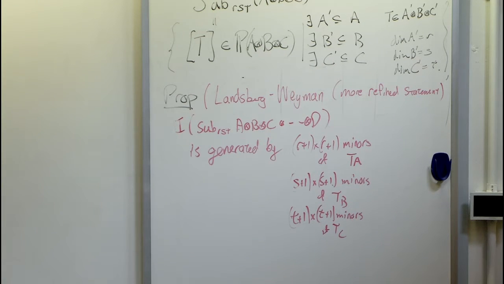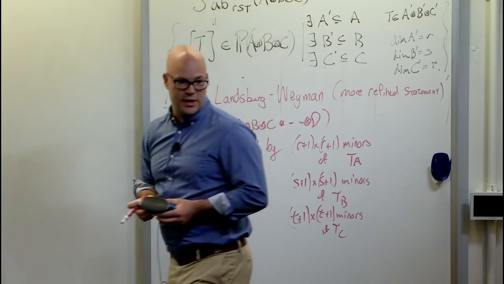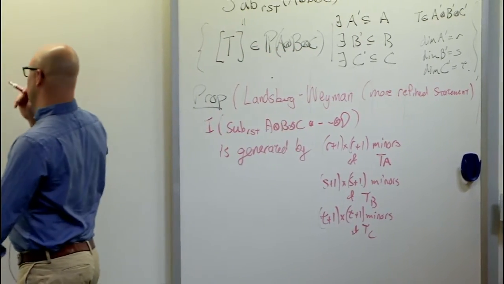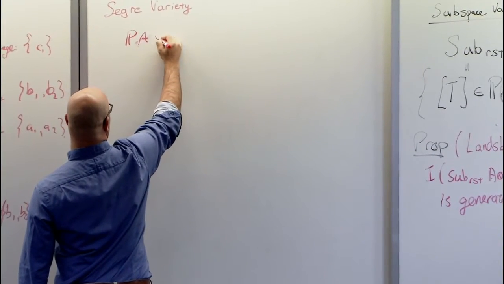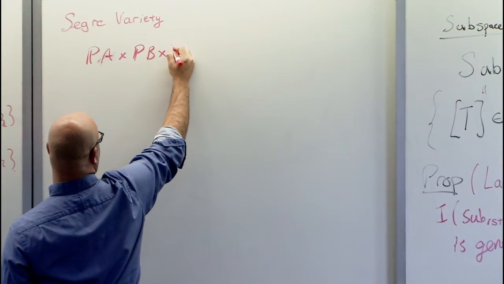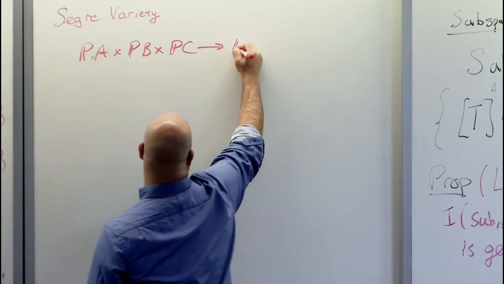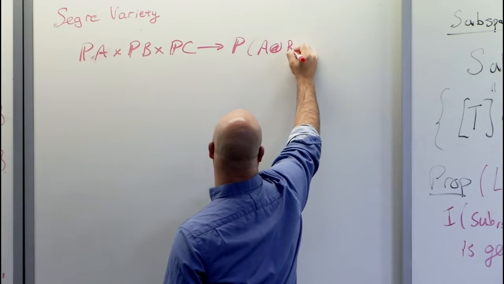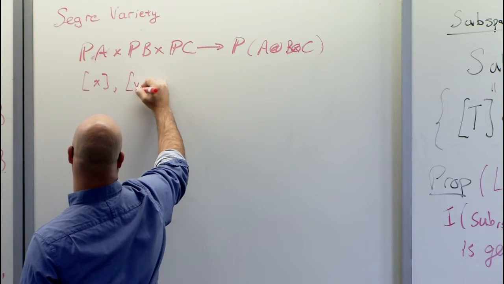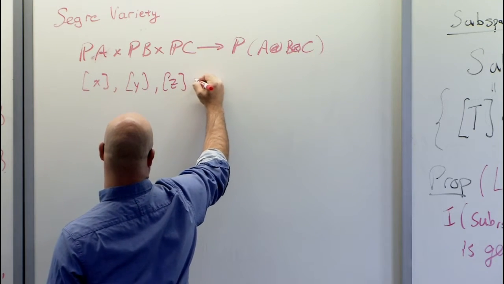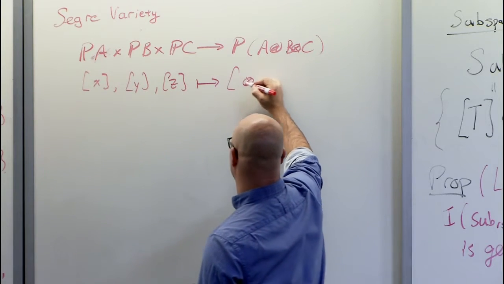Okay, so the next algebraic variety that we want to consider is called the Segre variety, named after classical Italian geometers who studied these things over 100 years ago. So I'm going to take the Segre map from the product of three projective spaces to the projective space of the tensor product of all of them, which takes an element x, an element y, and an element z to the class of their tensor product.